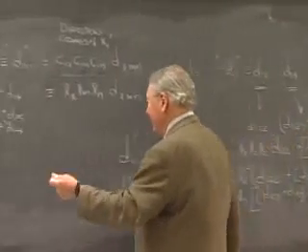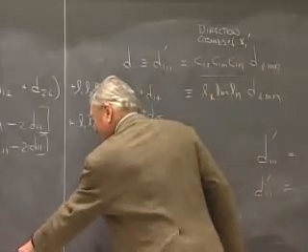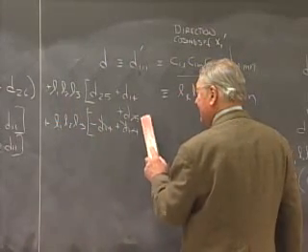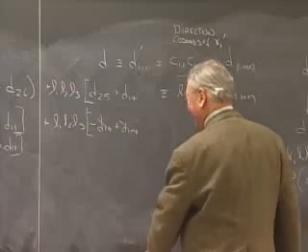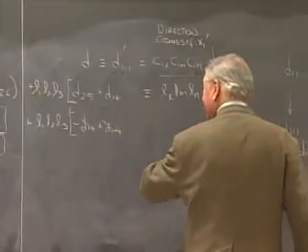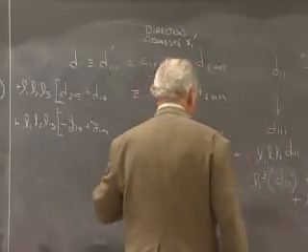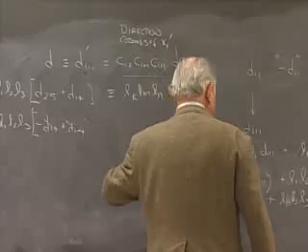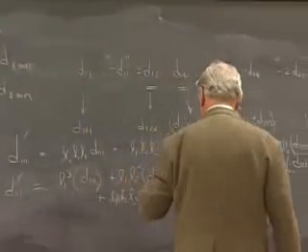Okay. I'll take your word for it. And I know how it has to turn out. Okay, so these two terms kill each other. And I'm left with then an L1, L2, L3. Or have I left something out?